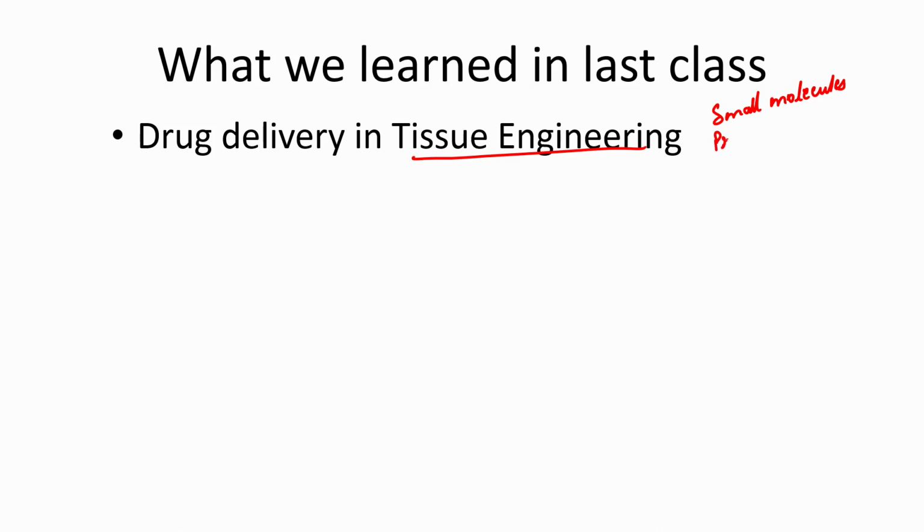So, this could be proteins and DNA, could be lipids as well, and then it could also be even cells. Proteins could be growth factors, DNA could be a gene of interest that you are trying to deliver, and all of those things. So, basically most of tissue engineering goes hand in hand with drug delivery.